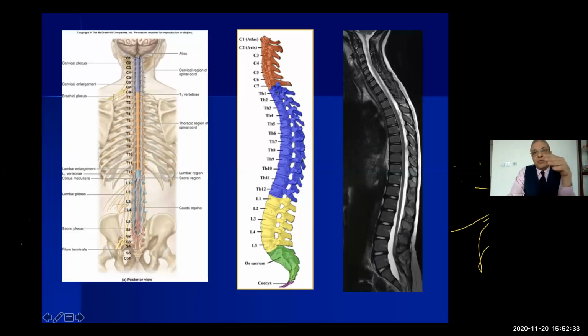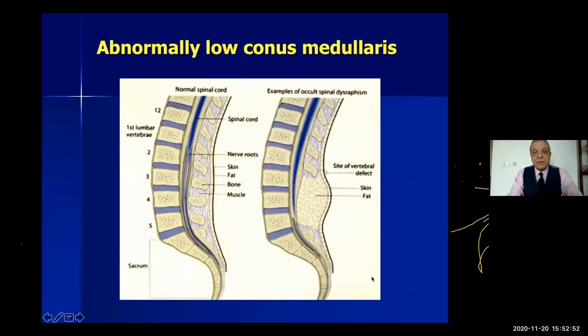But if we look at where we have the tethered cord, or what we call a low-placed conus medullaris, we can appreciate that the lower end of the spinal cord, instead of going to the normal place, which is L1, L2, goes a little bit more caudally, below the L5 vertebra.